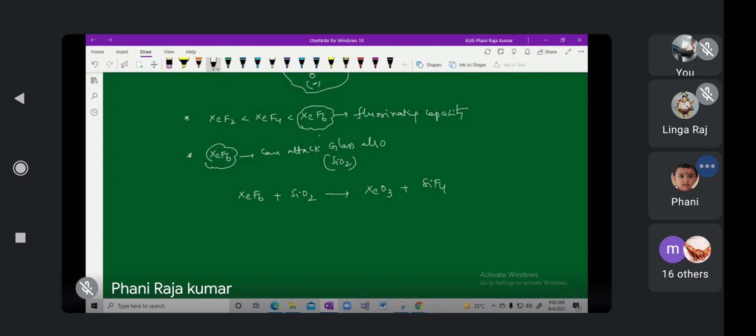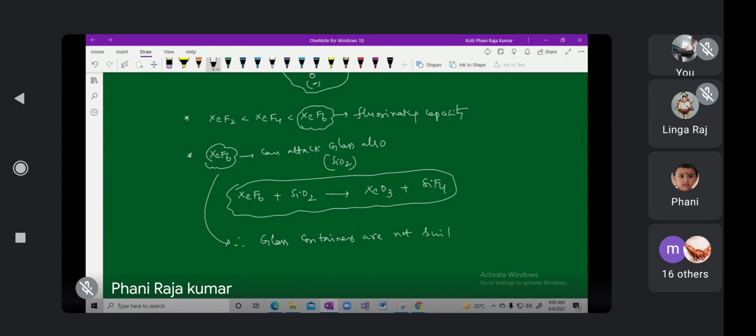SiO2 is converted into SiF4, that is fluorination. Hence, glass containers are not suitable for the storage of XeF6.